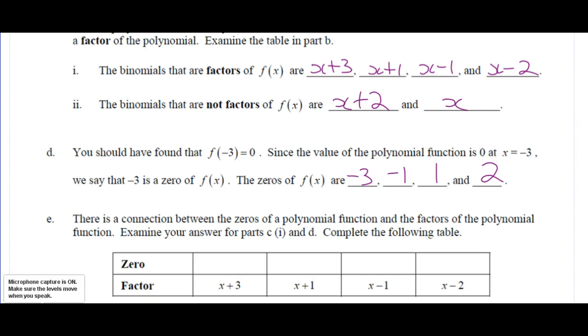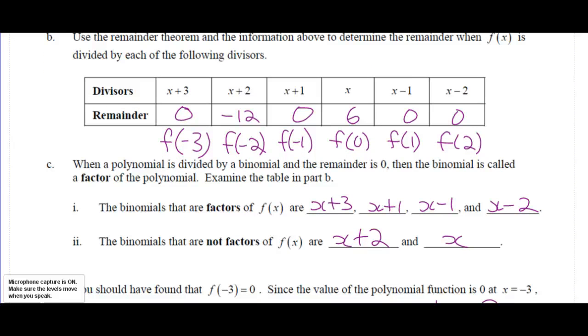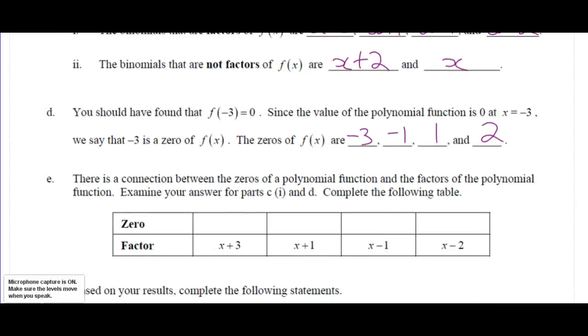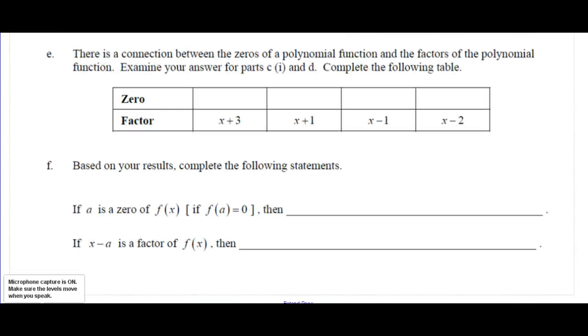Okay. There's a connection between the zeros and the factors. Examine your answers for parts C1 and D. C1, so there's the factors. And D, there are the zeros. So if the factor is x plus 3, the 0 is negative 3, and then... Based on your results, complete the following statements.